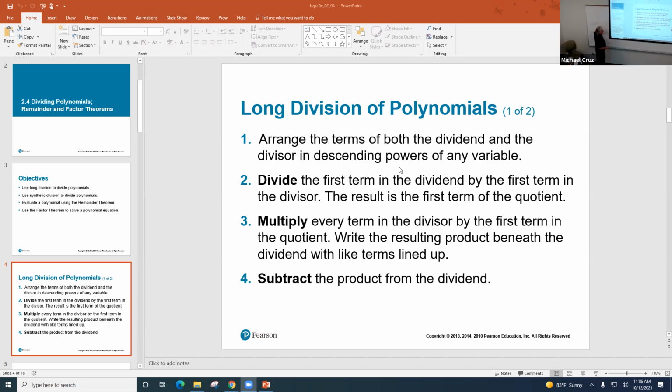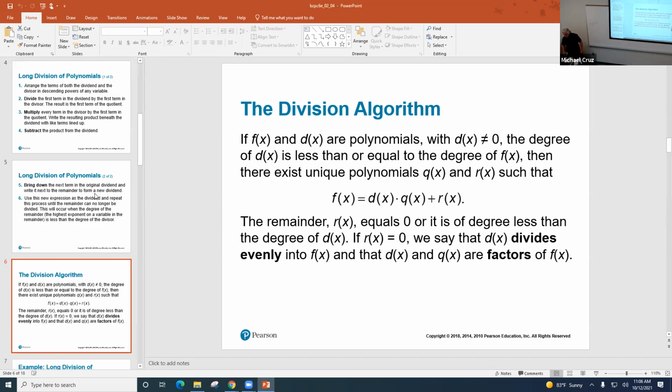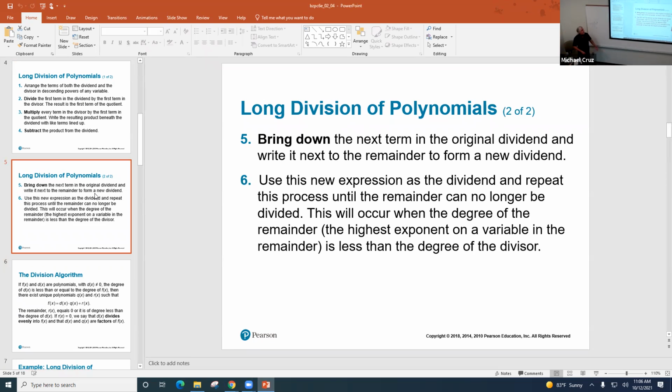So like this, it's the exact same procedure as this. And then you multiply every term in the divisor by the first term of the quotient. And then you write it on the bottom, and then you subtract, which is exactly the same thing that happens here. Really the same procedure. And then you bring down the next term and you start your iteration over again.